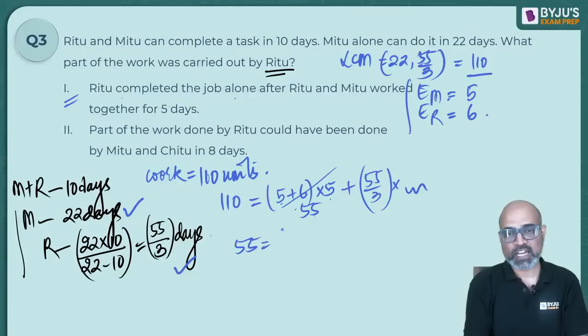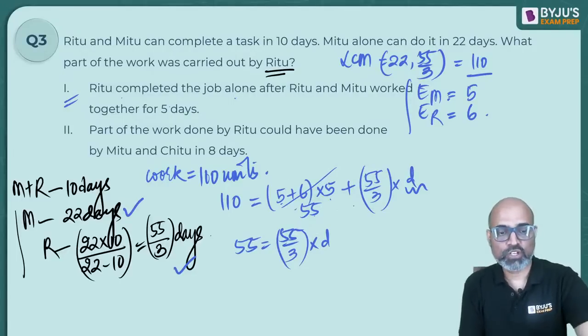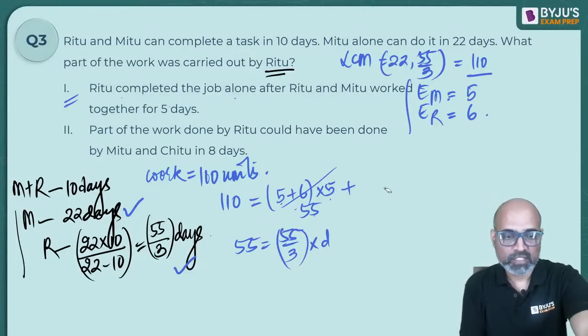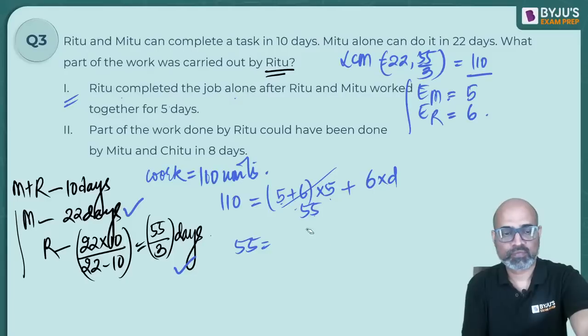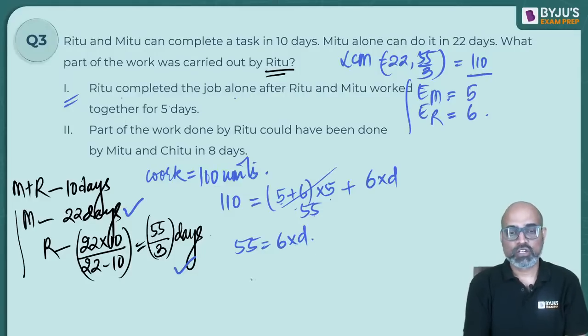You will have 55 is equal to 55 by 3 into D. ठीक है? अच्छा, sorry. This is not 55 by 3. ये कौन कर रहा था? रितु कर रही थी ना? This is 6 into D. है ना? So D is going to be 55 by 6.